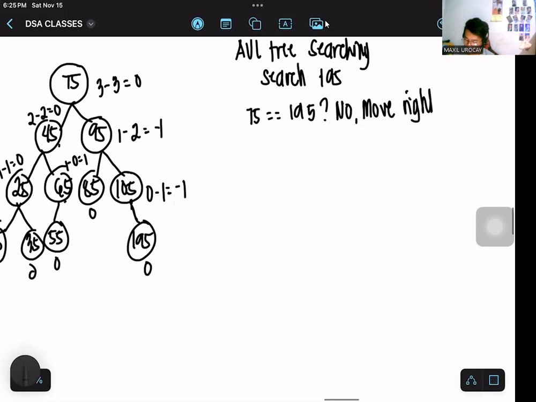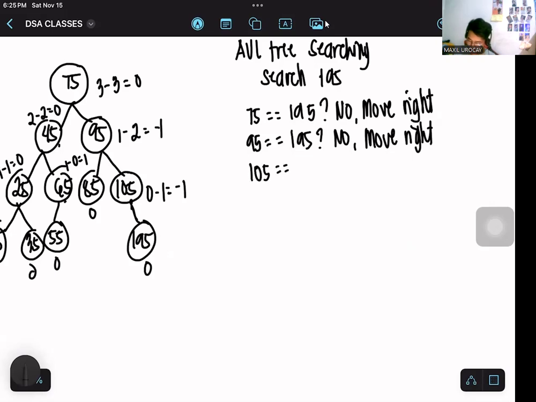By moving right, what will be the next element? That is 95. Is 95 equal to 195? Still no. Then you have to move right, since 95 is less than 195. Then by moving right, there is 105 that we can check.